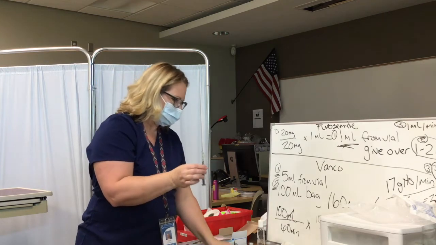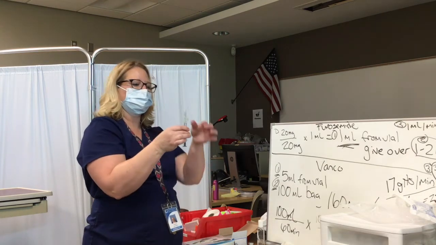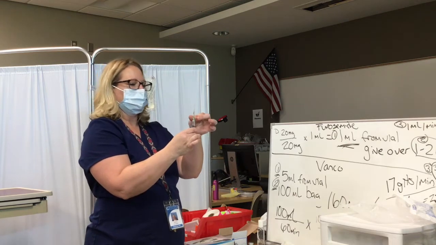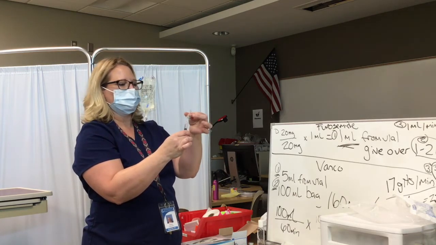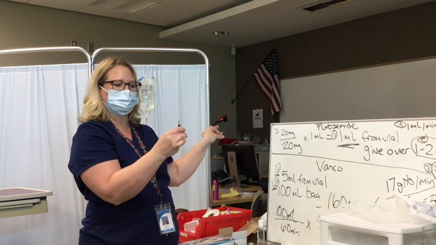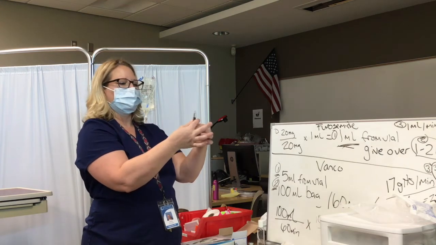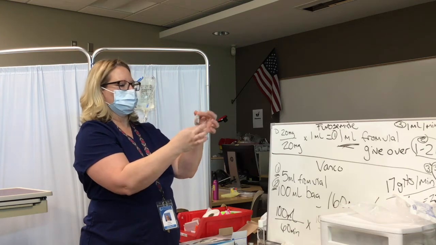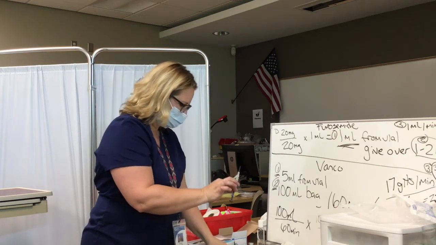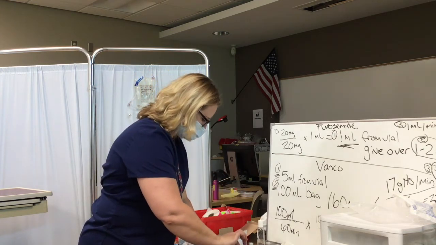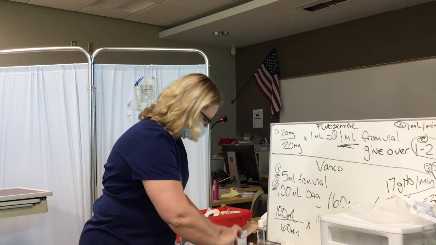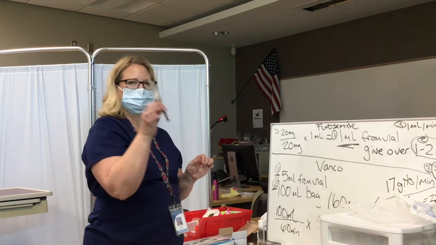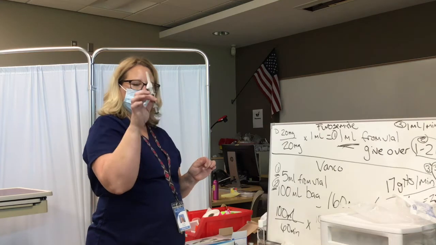So I don't have a cap to put on here. In the clinical environment, and we do have this in the practice environment, you can drop this into the sharps and then cap this with a sterile cap. We do not have that, so I'm going to leave the needle on and I'm going to recap my needle the way you were taught to recap. And you're going to scoop it up.